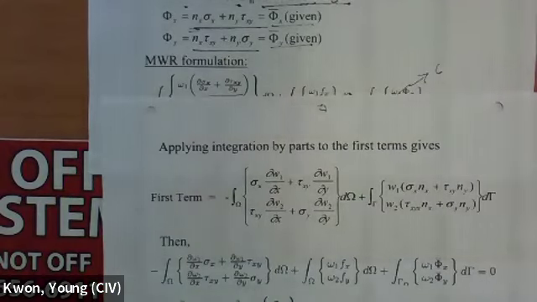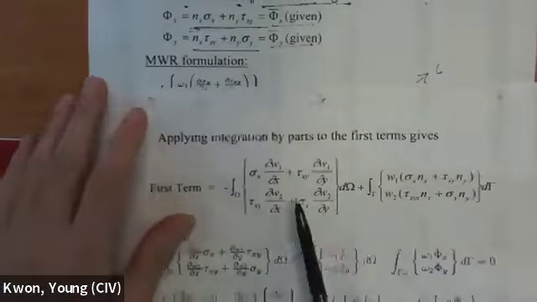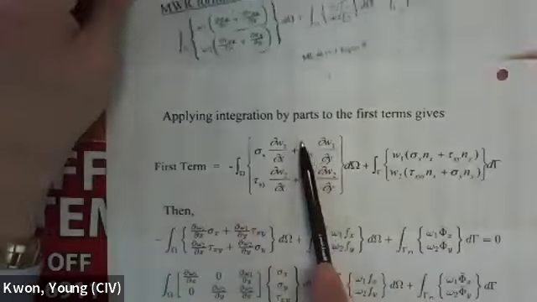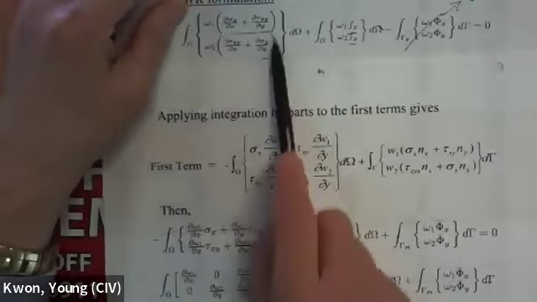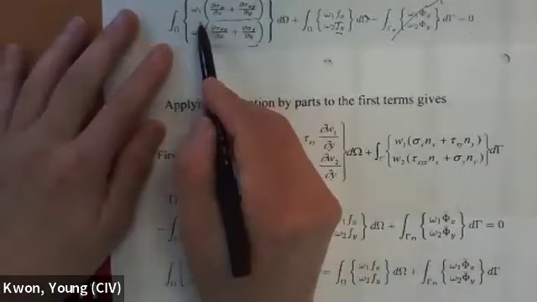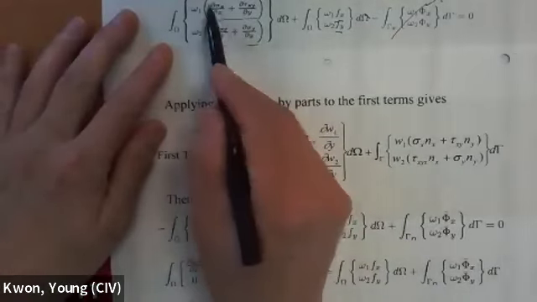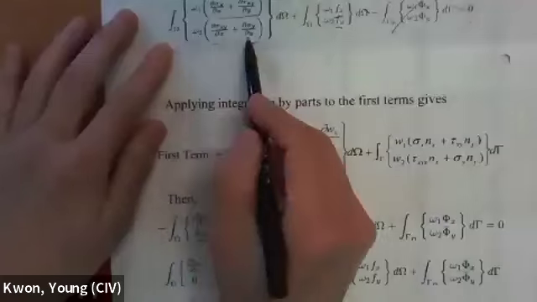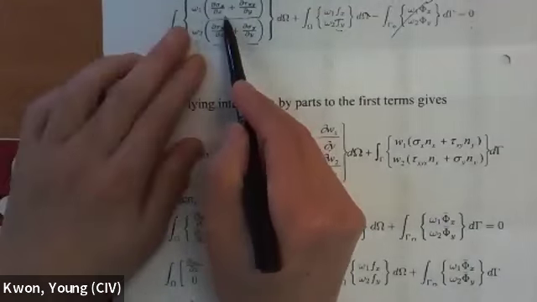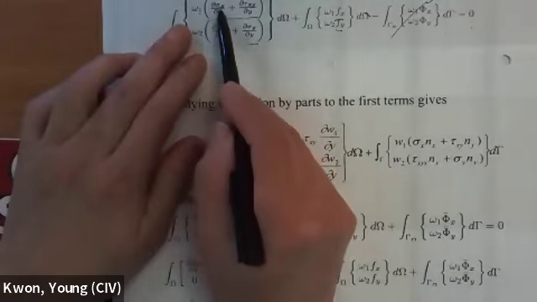So in here, this equation, we are going to apply integration by parts. We are going to do it term by term, this term, this term, and that term. If you do integration by parts of this one in x, then this and that are reversed.